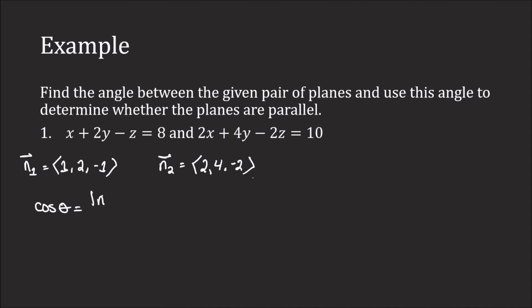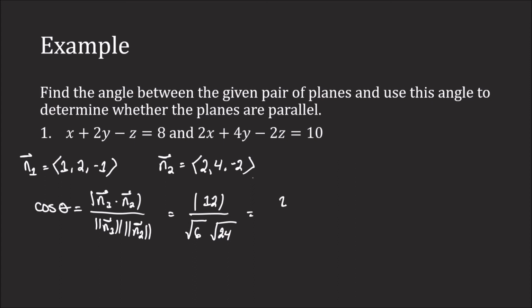Cosine of theta is n1 dot n2 over norm of n1 times the norm of n2. So we're going to have the absolute value of 2 plus 8 plus 2, which is 12, over the square root of 1 plus 4 plus 1 times the square root of 4 plus 16 plus 4.